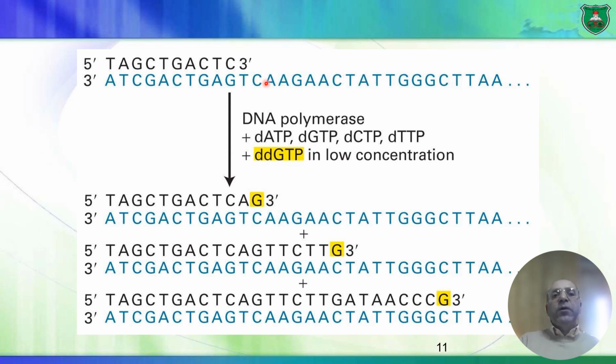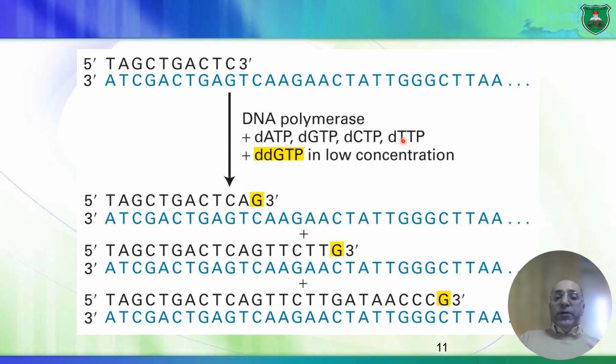We want to identify what the sequence of this thing is. So that's one. We add the DNA template. We add the DNA polymerase. The DNA polymerase needs 2 things, like I said before. Substrate, just like any other enzyme, the 4 substrates. And the 4 substrates that are added are deoxy-ATP, deoxy-GTP, deoxy-CTP, deoxy-TTP. Great.